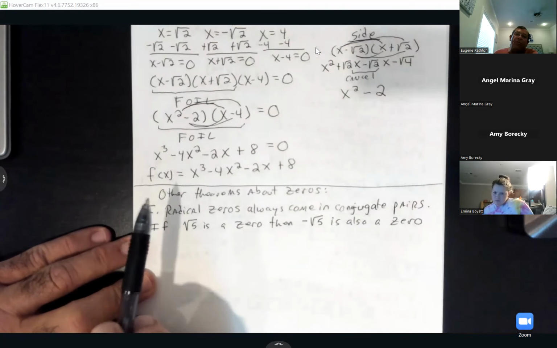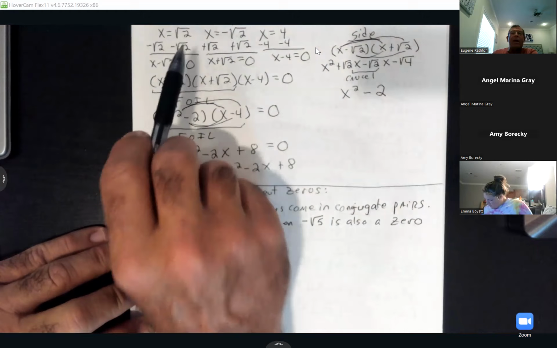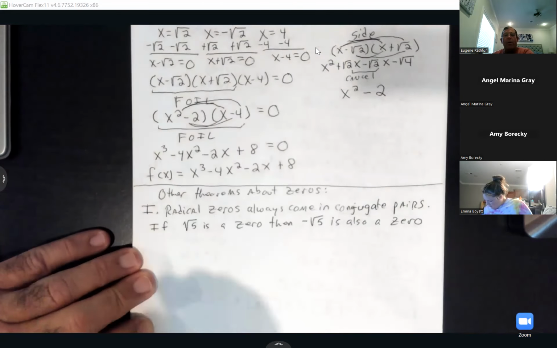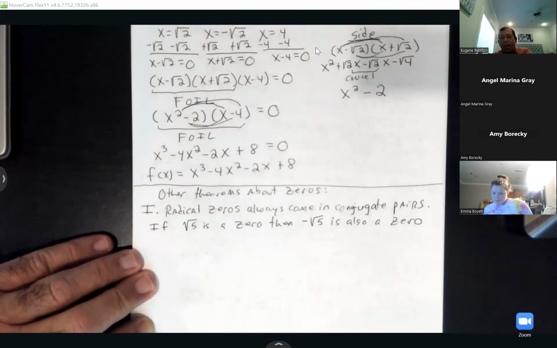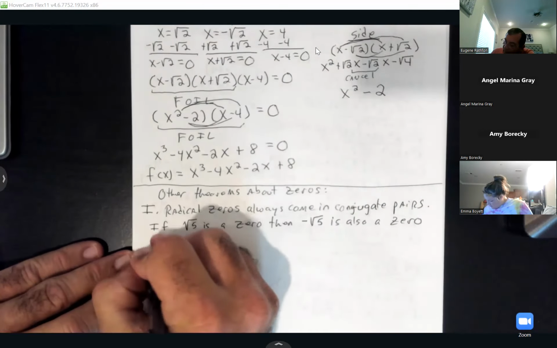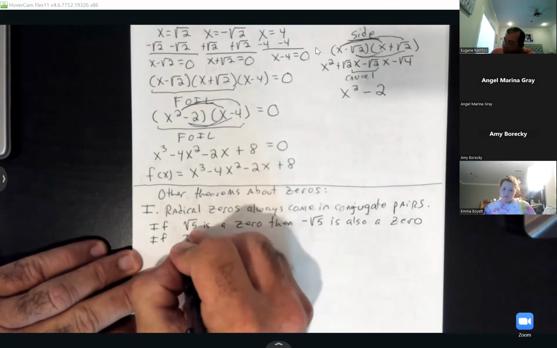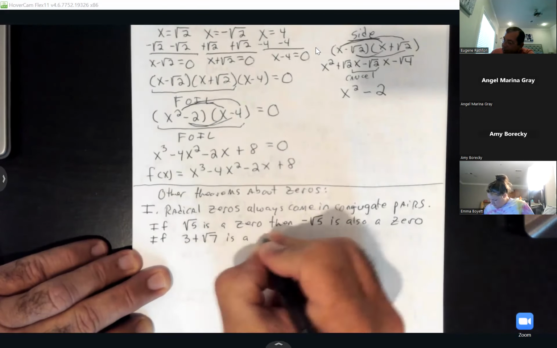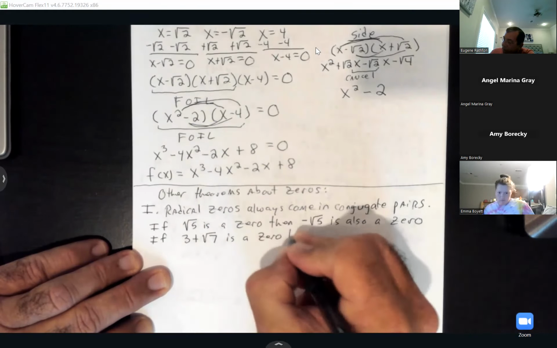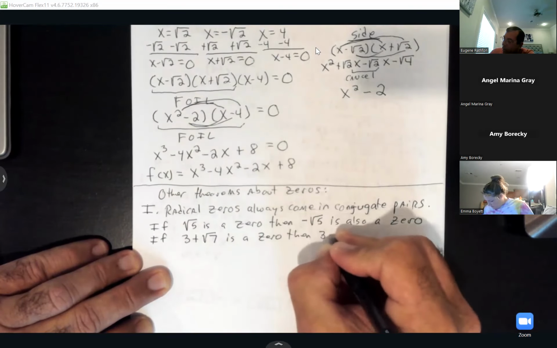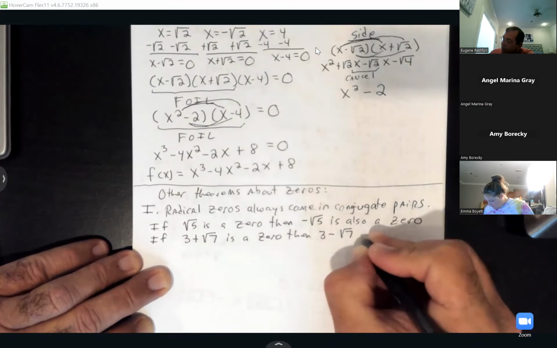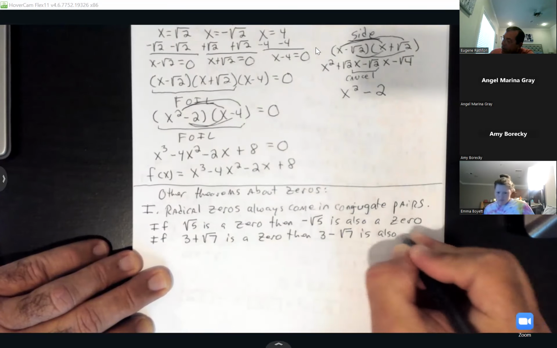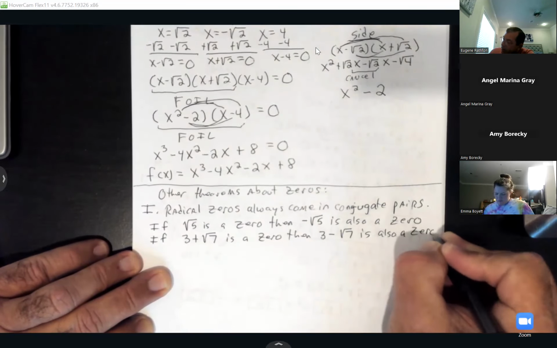And that's why when we did the radicals, they gave me a square root of 2 and a negative square root of 2, because those always come in conjugate pairs. If 3 plus square root of 7 is a 0, then 3 minus square root of 7 is also a 0.